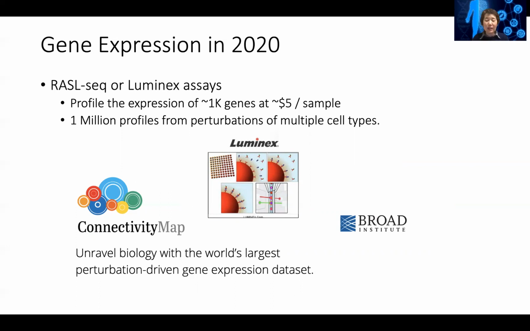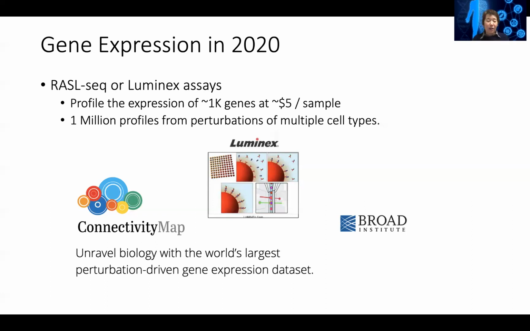And with this type of technology, for example, recently the Broad Institute has a connectivity map project where they use this Luminex approach to profile around a million different profiles of many different cancer cell types being perturbed in different conditions by either gene perturbation or a drug treatment. And then they can measure the expression of 1,000 genes.